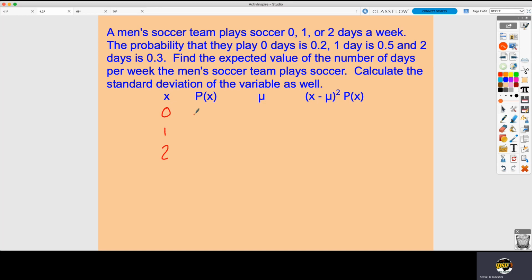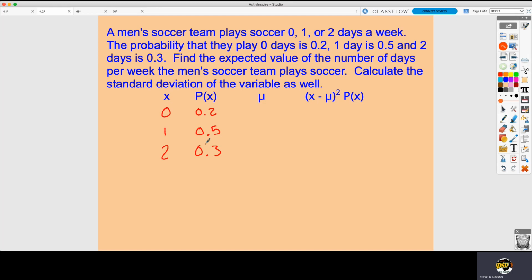So this probability would be 0.2 for 0, 0.5 for 1, and 0.3 for 2. Once again, this follows what we were talking about in the last lesson because each one of the probabilities is between 0 and 1. And if you add these together, it adds up to 1.